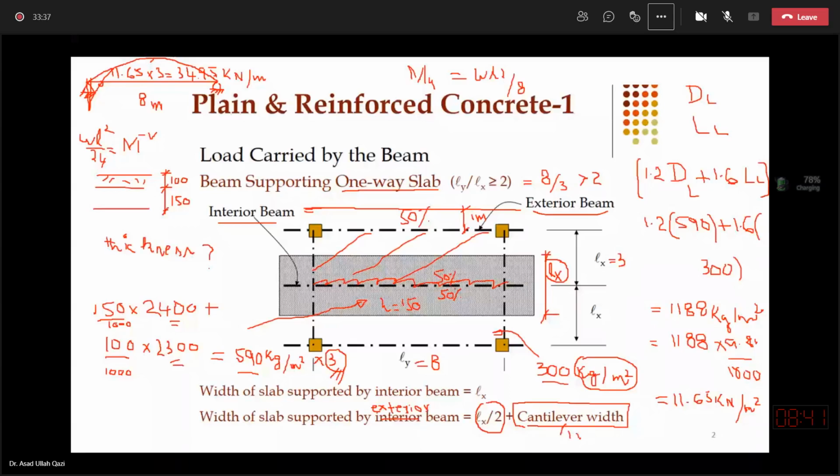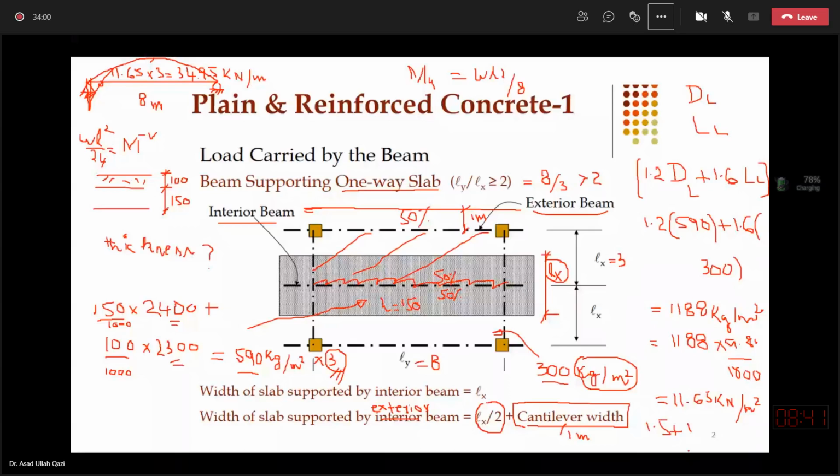So for this particular problem, it will be Lx by 2, 1.5, plus 1 if a cantilever is present. Then I will multiply the ultimate pressure with 2.5 to get the load on this exterior beam.